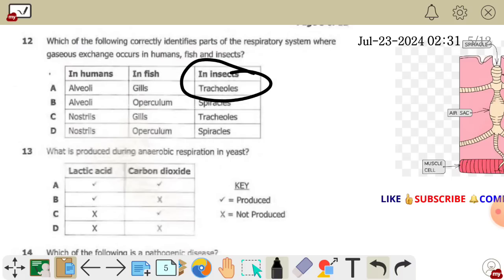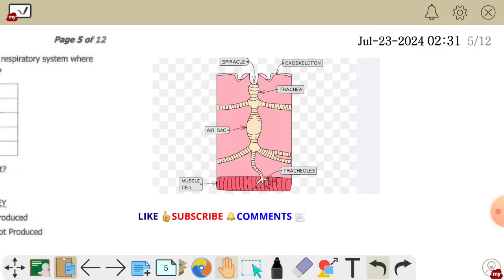Now in the insects, we have this diagram here which shows the respiratory system of an insect. On the body of the insect, we are going to have the opening there, which is called the spiracle. The spiracle is simply the opening where air or gases get inside the body cavity of an insect.